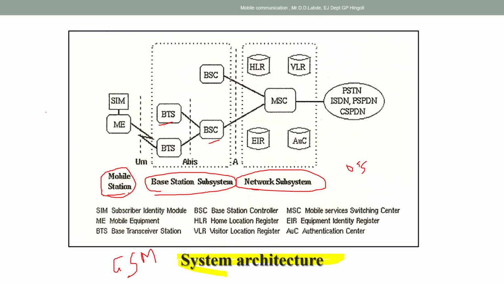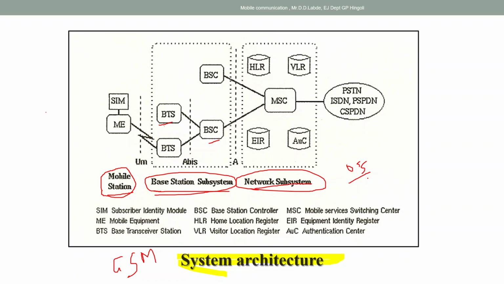First is the mobile station, second is the base station subsystem, third is the network subsystem, and last is the operating subsystem, that is OSS. These are the 4 different categories that categorize your GSM system architecture.